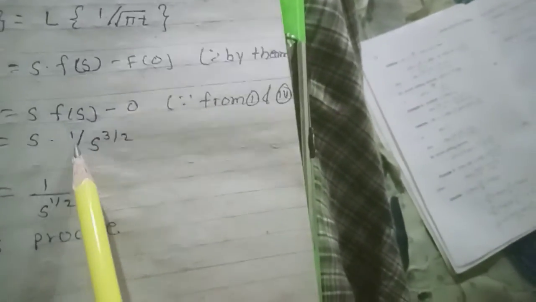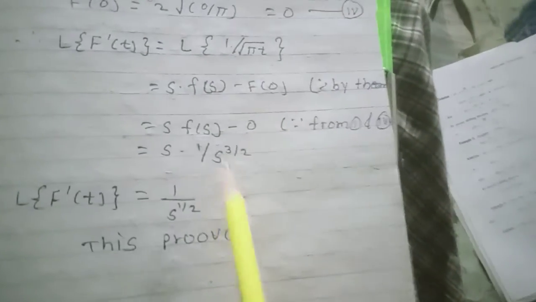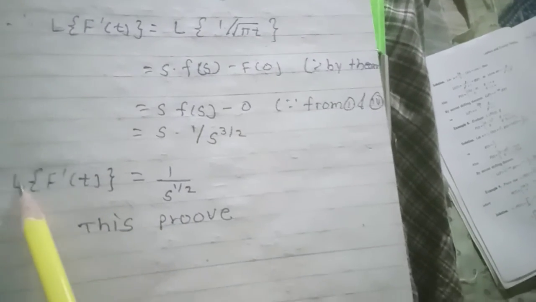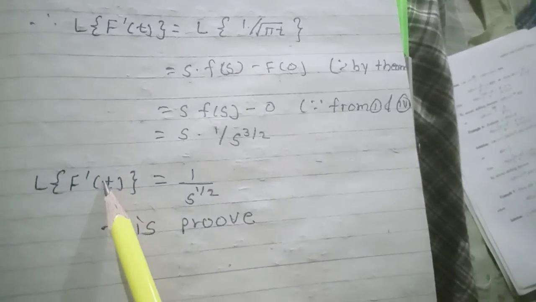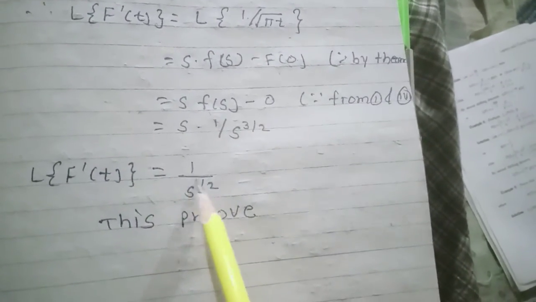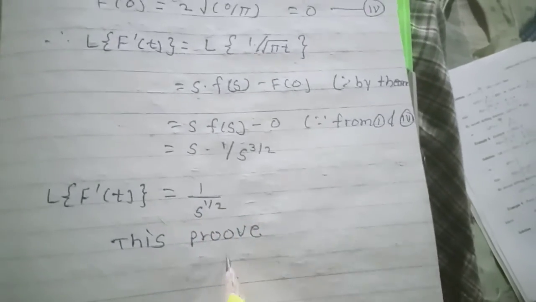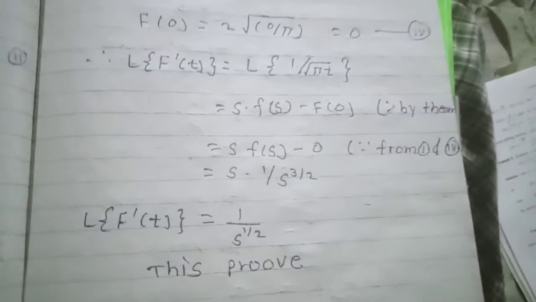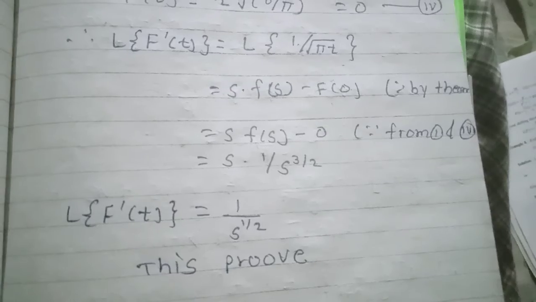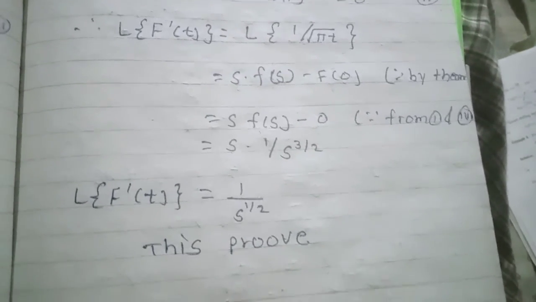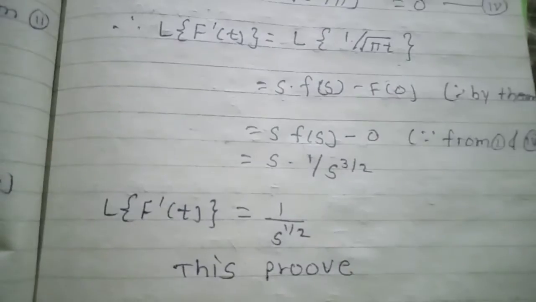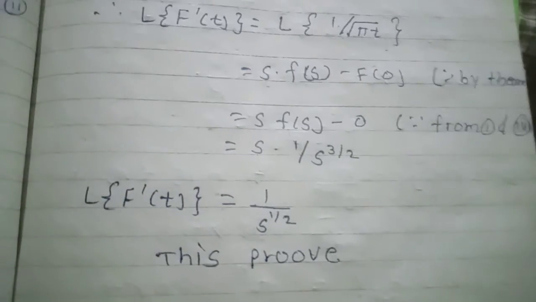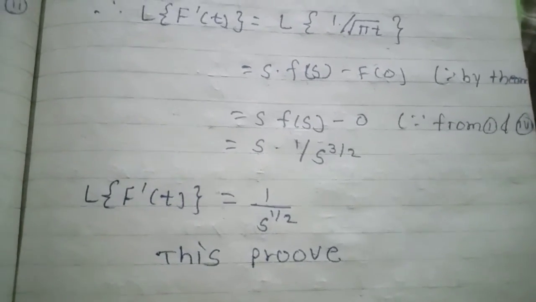So s into 1 upon s raised to 3 by 2, and remaining is s raised to 1 by 2. So the Laplace transform of f dash of t is equal to 1 upon s raised to 1 by 2. This proves it. This is the example of the Laplace third theorem. We remember this theorem; this theorem is useful in examples. So thank you.